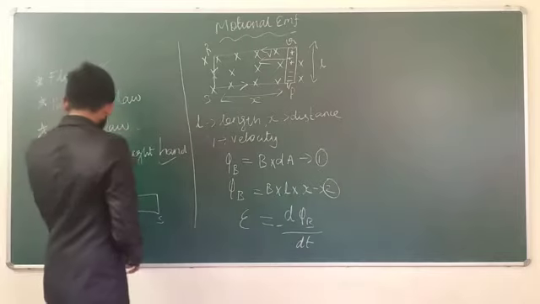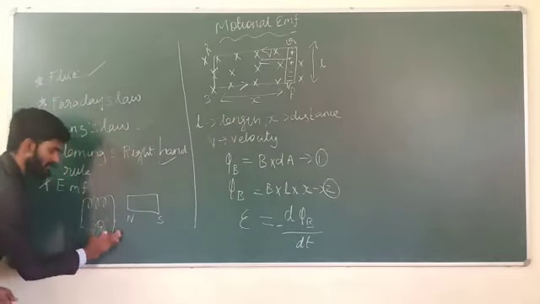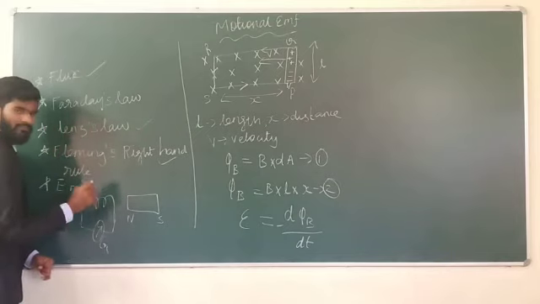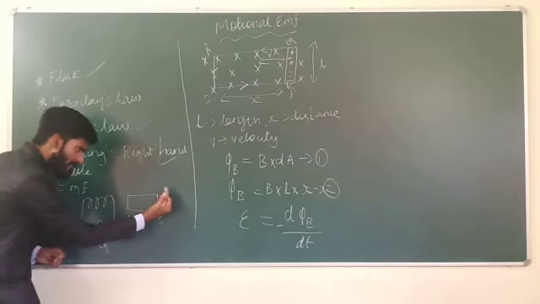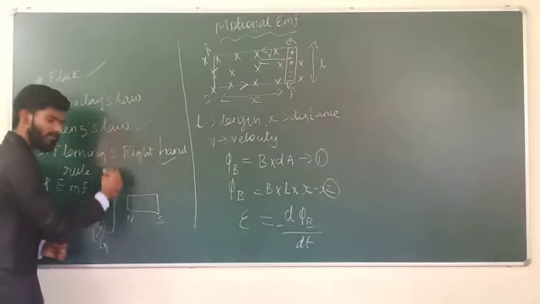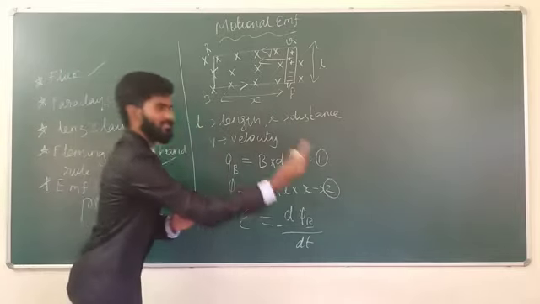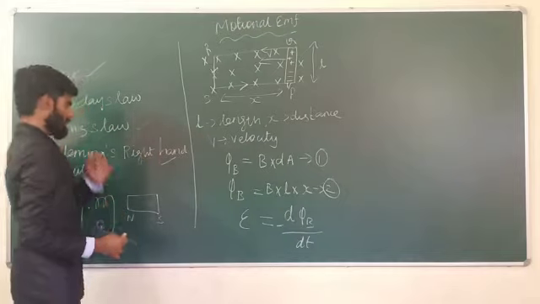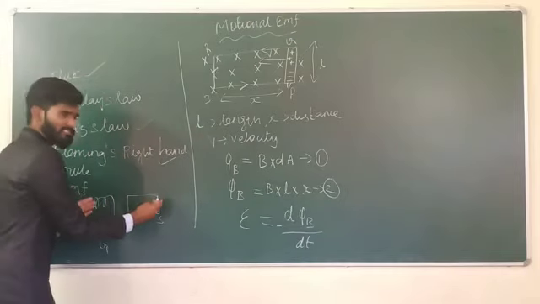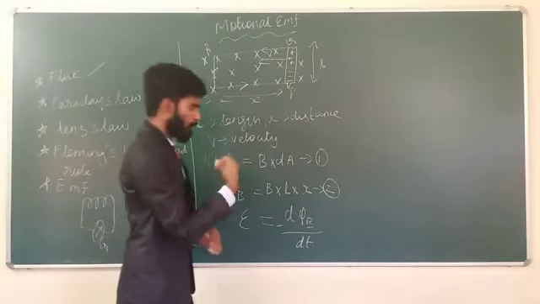When it is coming towards the coil, you will experience a deflection in the galvanometer, and the direction of the deflection is what matters. Once the magnet is coming closer to the coil, the deflection will show this side away, and once the magnet is going away, the deflection will be on the other side. So based on the movement of the magnet, the directions are opposite.